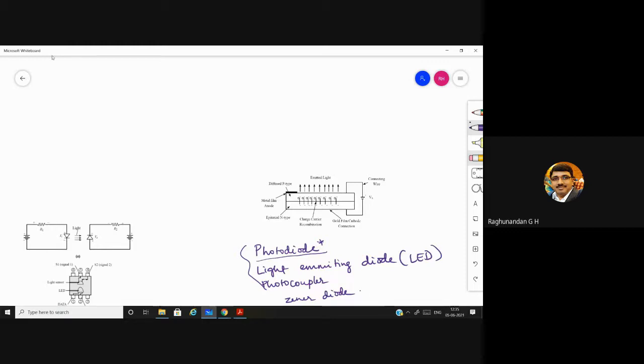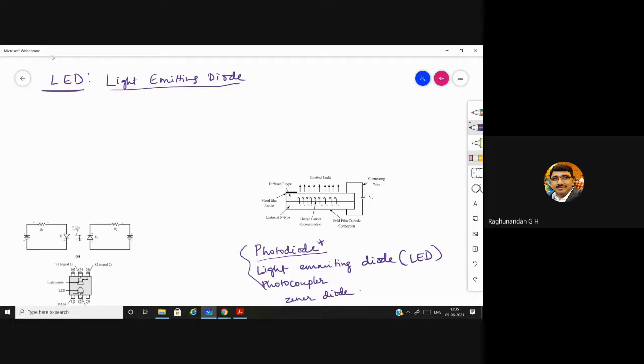So after this, the next one is the LED. You are more familiar with this word. It is a light emitting diode. It is now common to have LED screens in TV screens, laptop screens, and mobile screens.